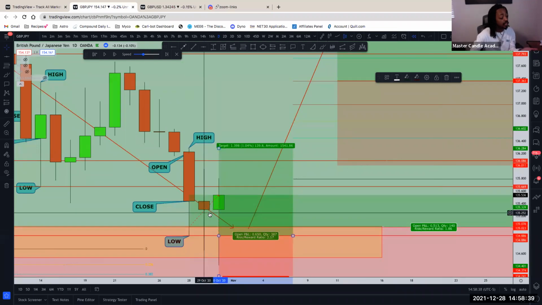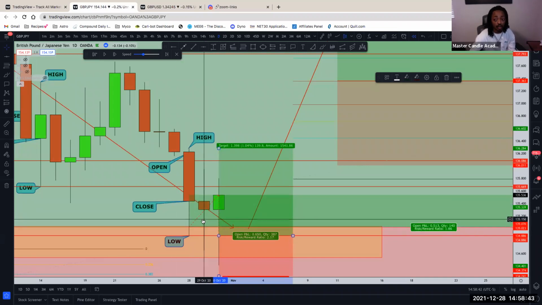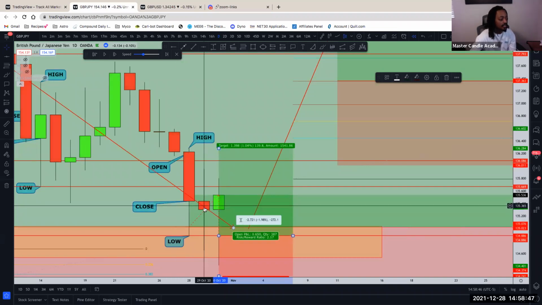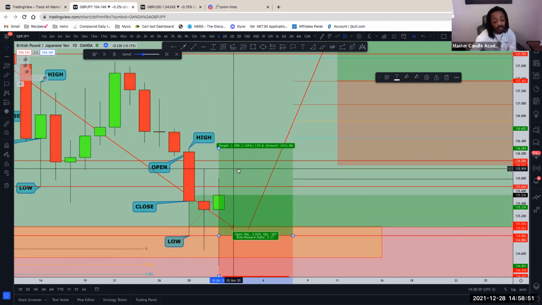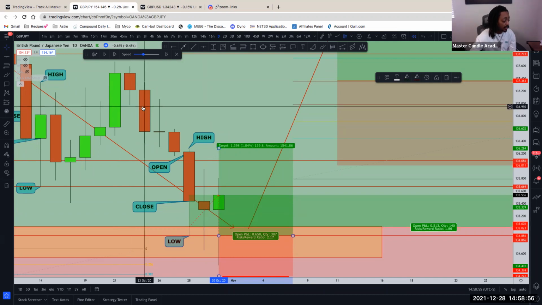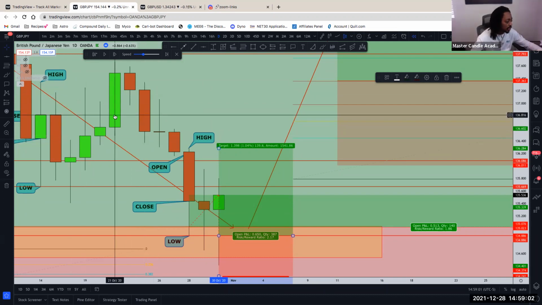But for some people who cannot see or understand it that way, it's called an inside bar to help you visualize. If it is inside, it's probably going to go the opposite way. If it's outside, as this candle closes outside of the wick, we see the continuation. I actually think this is a good example to look at.